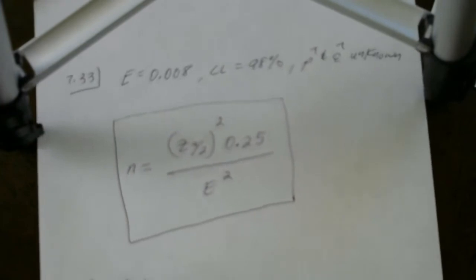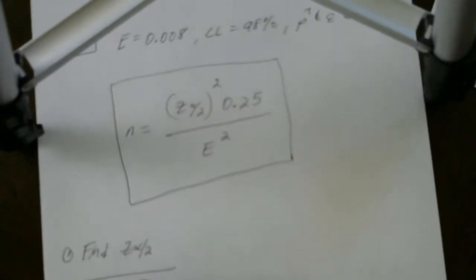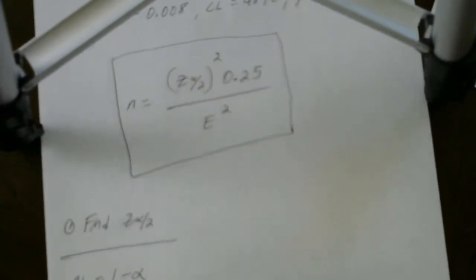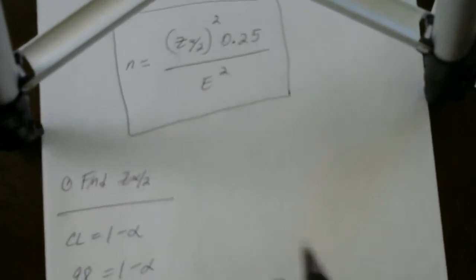From what we did before, the confidence level is 1 minus alpha. So our confidence level is 0.98, which is equal to 1 minus alpha. I'll subtract 1 from both sides. I have negative 0.02 is equal to negative alpha.